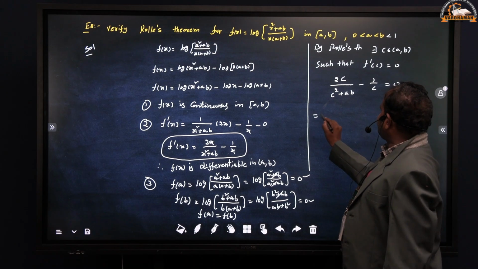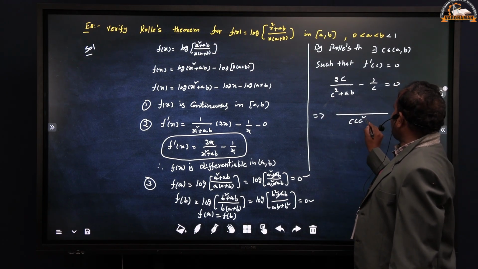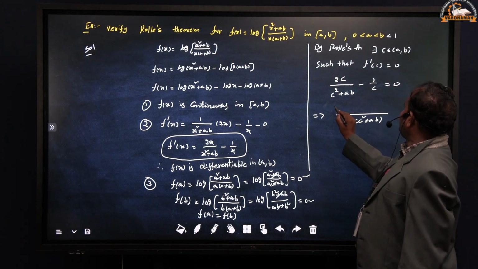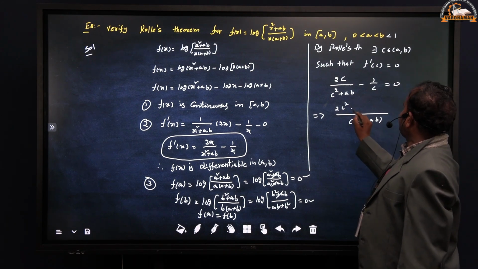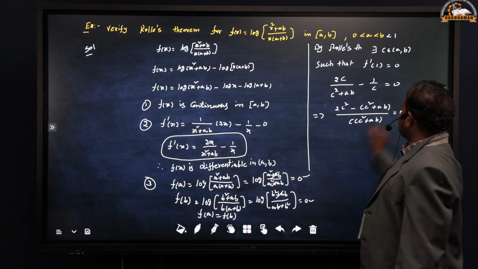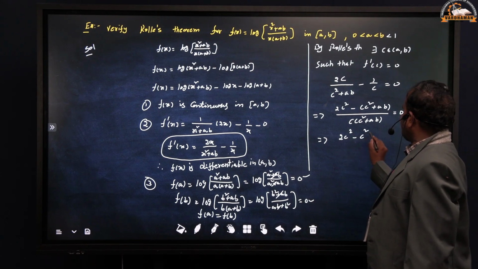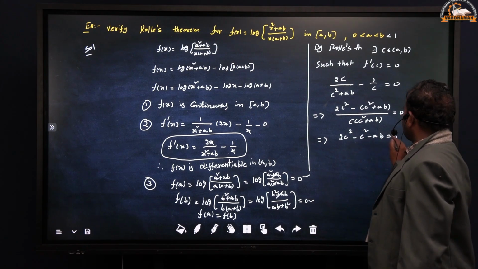Take LCM for this. Then this one is c into (c square plus ab). This one is 2c square minus (c square plus ab) is equal to 0. That implies 2c square minus c square minus ab is equal to 0.